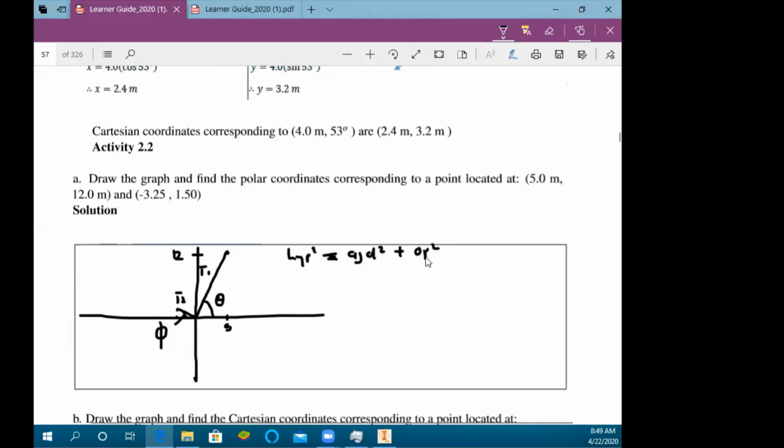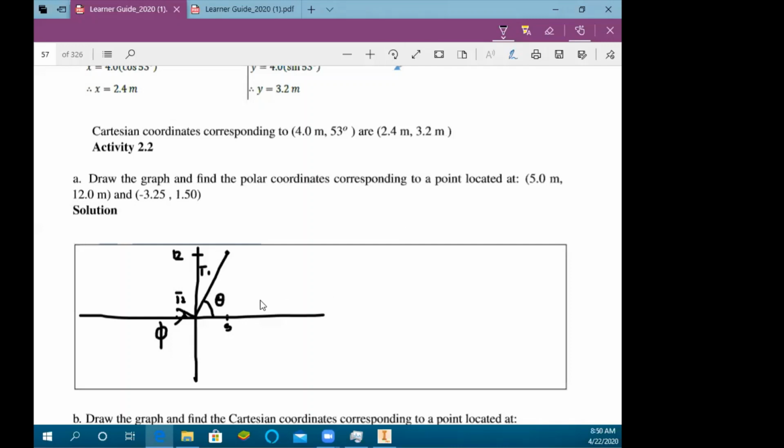I don't want to use much of my space. I just wanted to show you that this is how you find it.